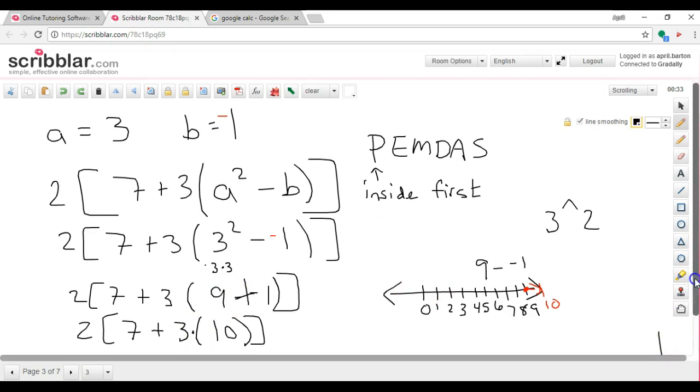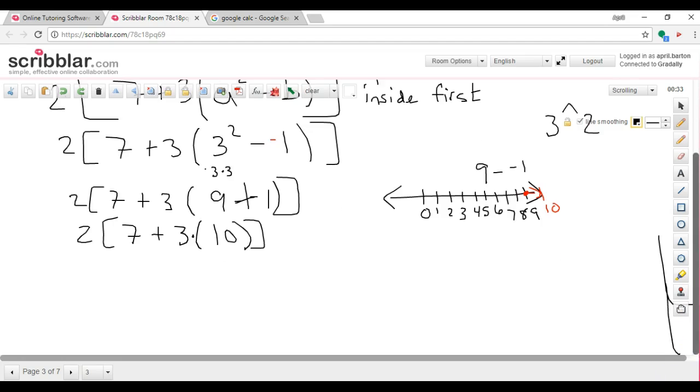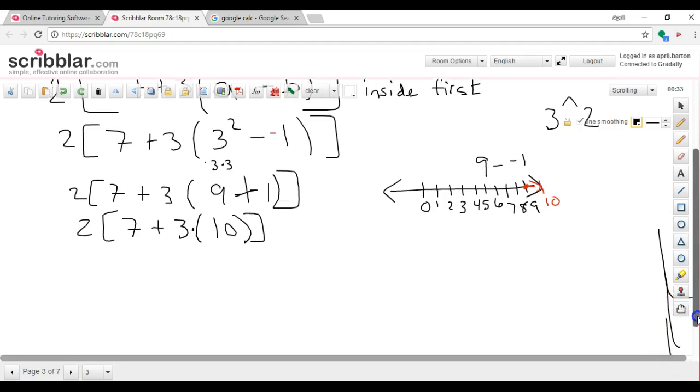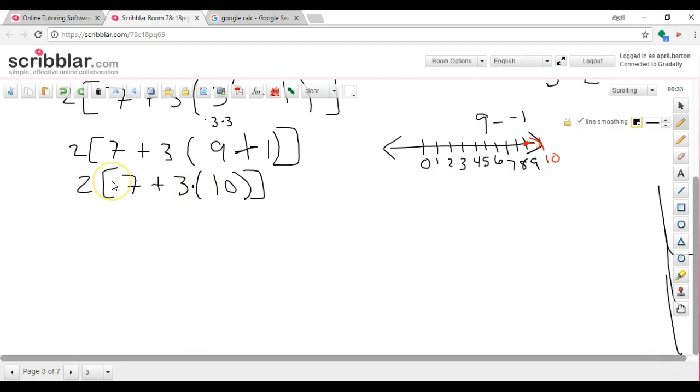And let me scroll down a bit so we can keep going. So now we look at the brackets as their own set, and we do order of operations for the brackets. We have no exponents. We're doing the brackets, so that covers the parentheses. And we move on to multiply. We do have multiply, so we do the 3 times 10.